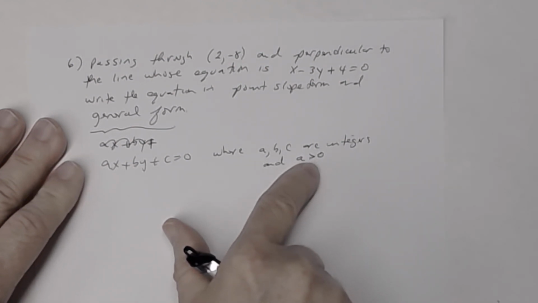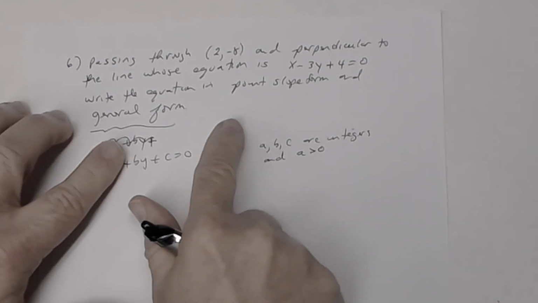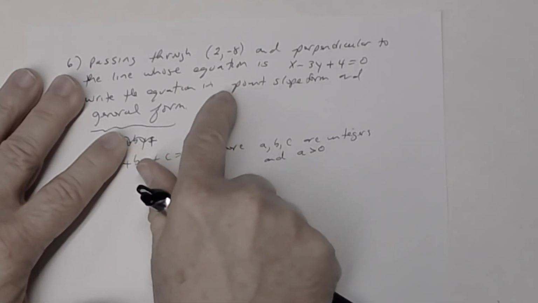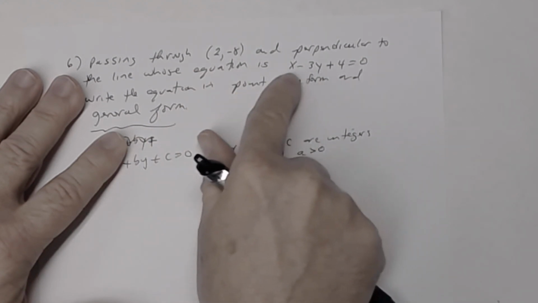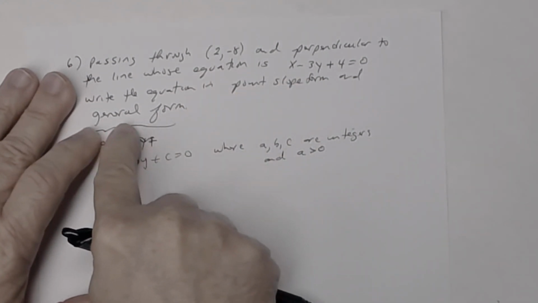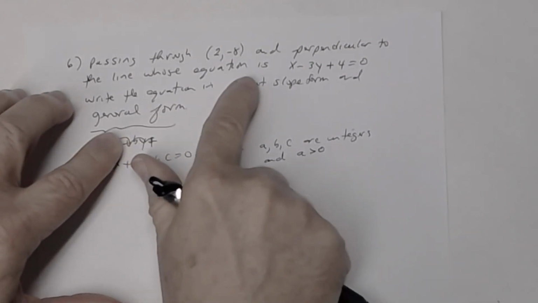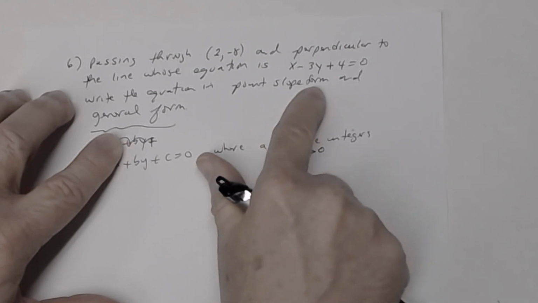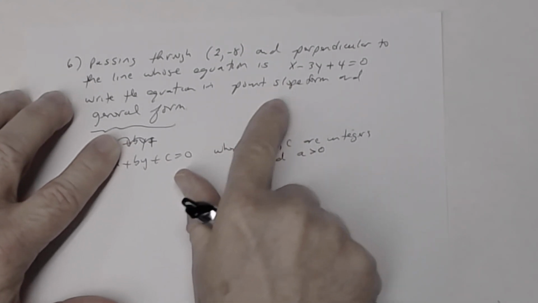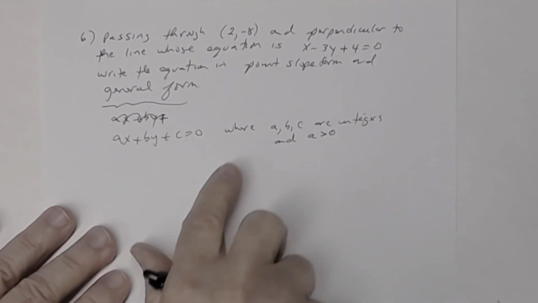A greater than 0 means a is positive. Most of you will be able to do this very easily because we just did stuff like this. Just make sure when we go over this, you understand how I'm going from point slope form to general form. Just make sure you follow that process.